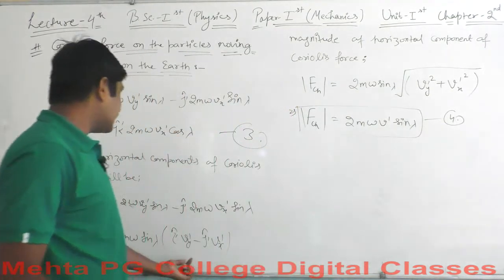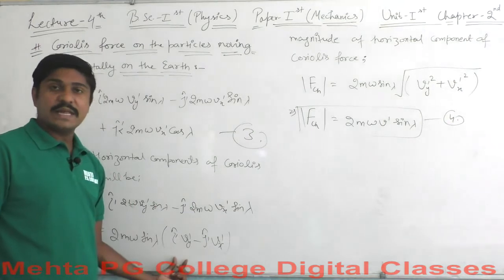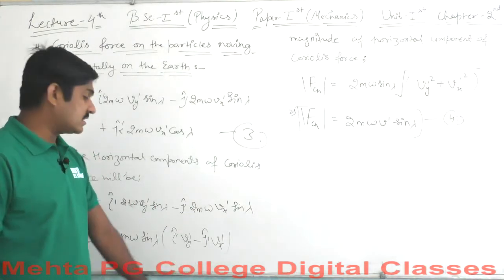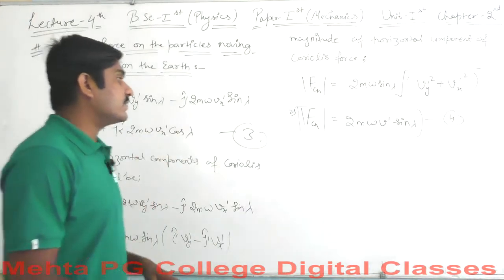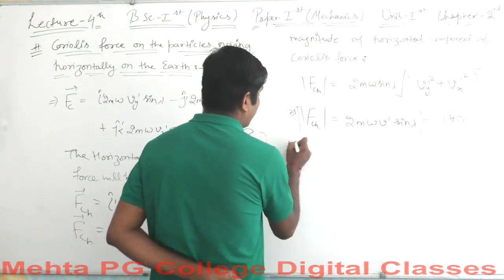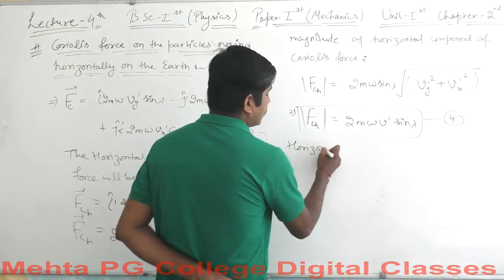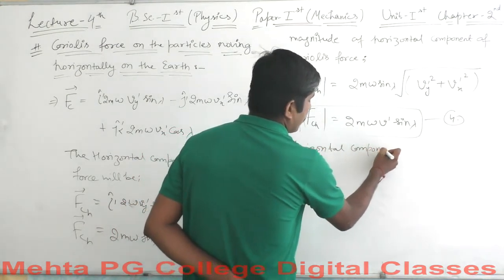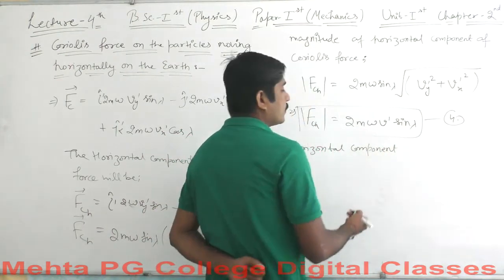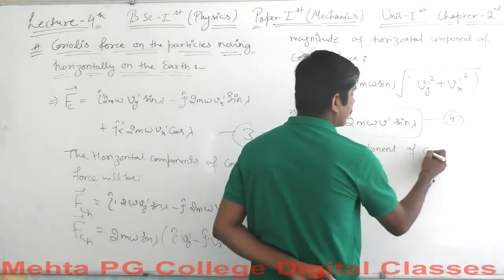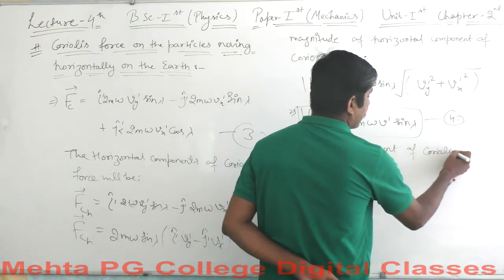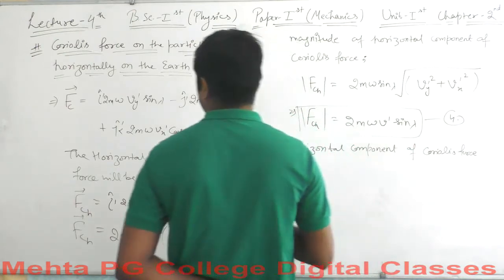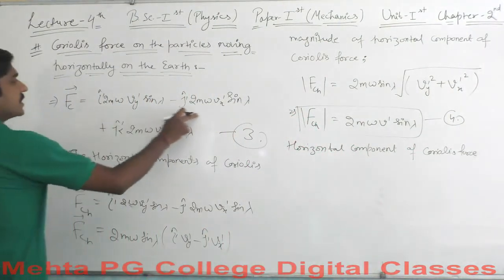You remember that for the i dash cap in the eastward direction this is positive, and for the westward direction this is negative.